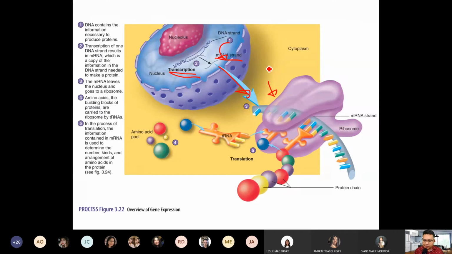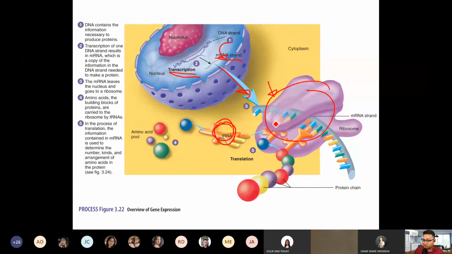Ang gagawin naman na sunod is babasahin ng combination ng inyong ribosomal subunits at ng iyong transport tRNA together with appropriate amino acid pool. Yung tinranscript kanina, babasahin, and this is called translation.